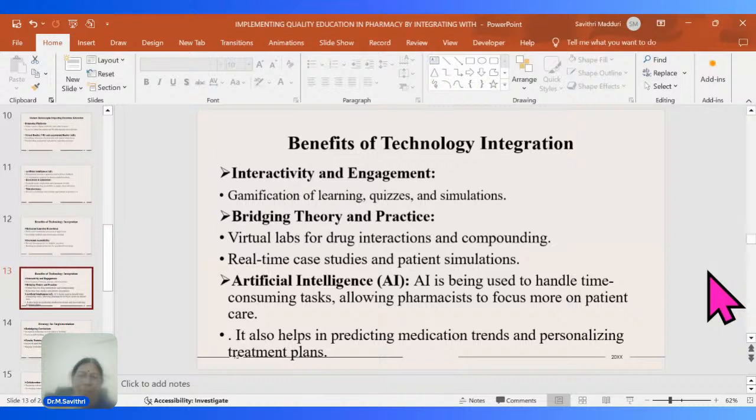There we are recording all the personalized treatment plans with experience, and from that we are retrieving, because data entry and data maintenance are very, very important nowadays. We are getting data from all over the world. If you get permission to handle the data, you can predict medication trends from it.